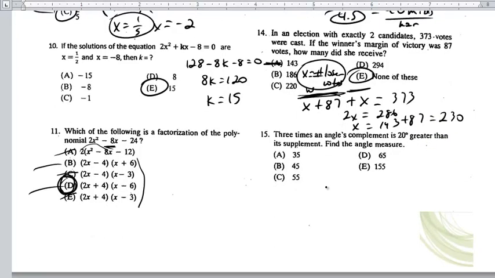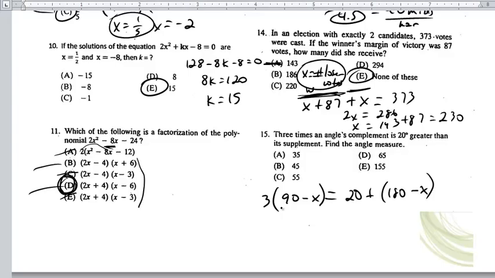3 times an angle's complement. So 3 times an angle's complement. Remember, a complement is 90 degrees, so it's 90 minus x. So 3 times an angle's complement is 20 degrees greater than its supplement, which is 180 minus x. Okay?